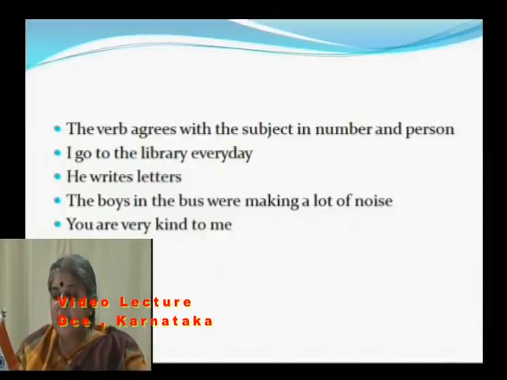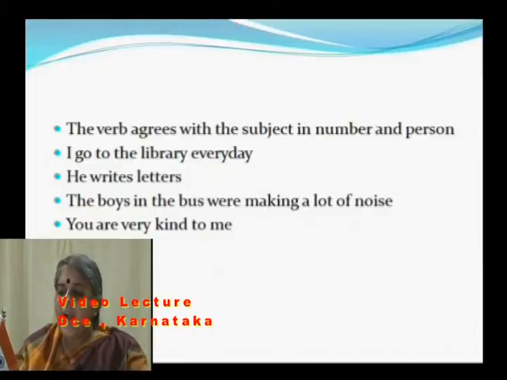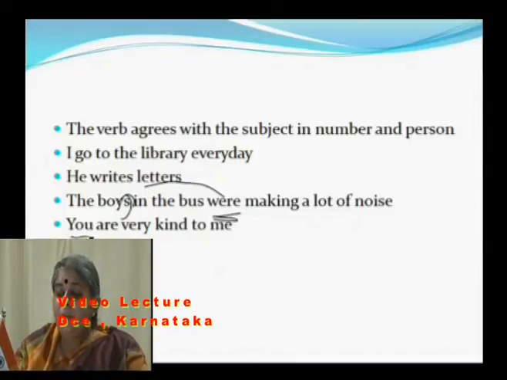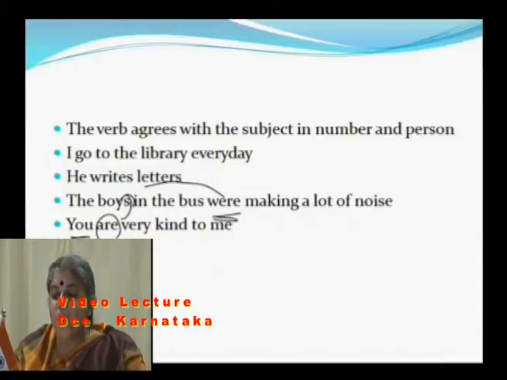In the third sentence, the boys in the bus were making a lot of noise. I have used the plural form boys. So, naturally what tense marker should I use? What primary auxiliary should I use? It is were. Then I have used the second person you. Naturally I should use what? Are.